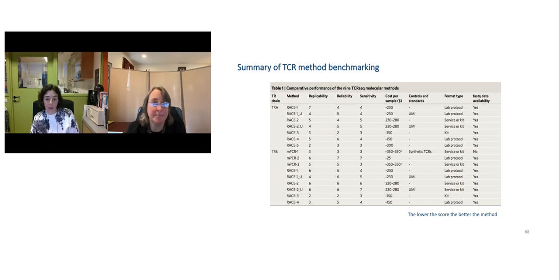So we compared these different methods and we identified some that were more efficient than others depending on the parameter that you would be interested in.